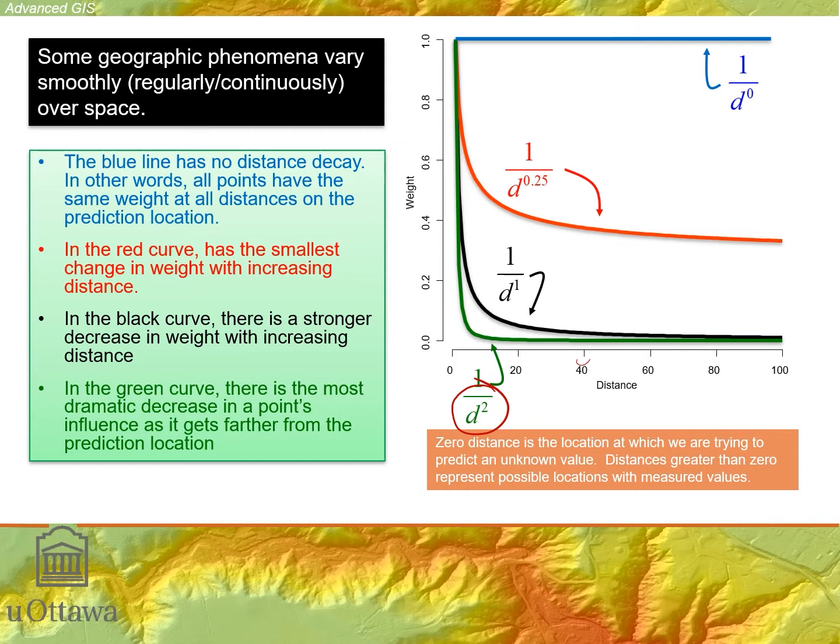And if you don't have some reason or justification for that, then you're just choosing an arbitrary value. And that's all right to start with, just to have a look, because there's no hypothesis being tested here. So you can try inverse distance squared, etc., just to see the influences of these things.